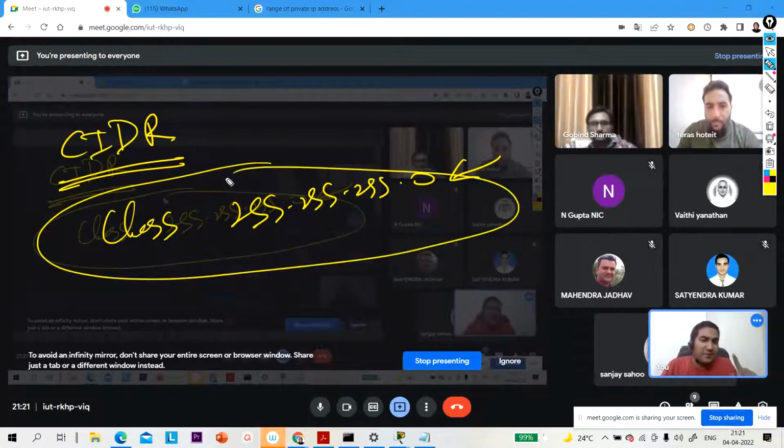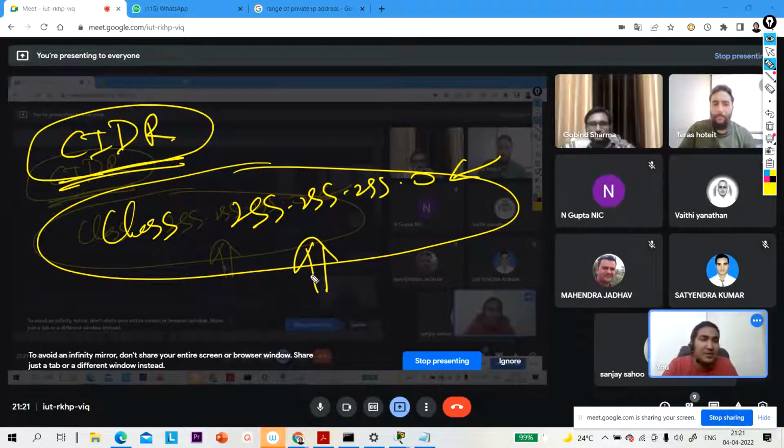Now, if you want to divide a big network into multiple small parts, you don't need to use the default subnet mask. You need to use CIDR instead of the subnet mask. CIDR value is similar to the subnet mask, but it is not default.